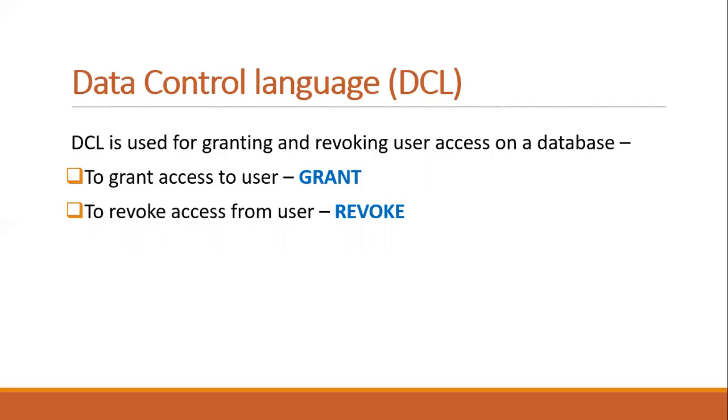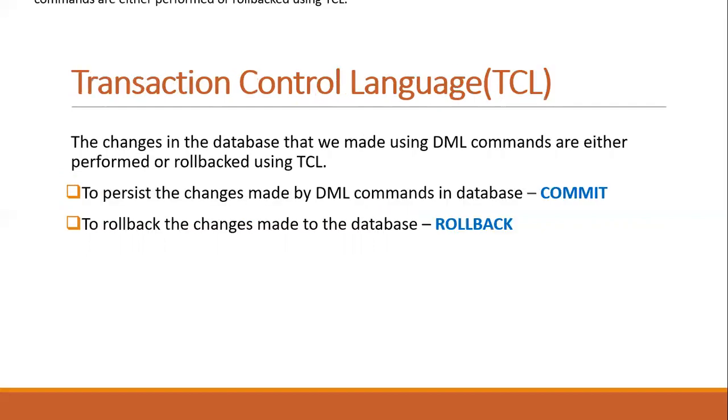To take the permission from that user, the ex-employee, we have to revoke the permissions. So we can perform this task with the help of the revoke command, which comes under the DCL language.